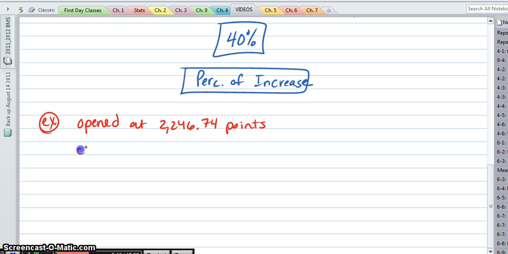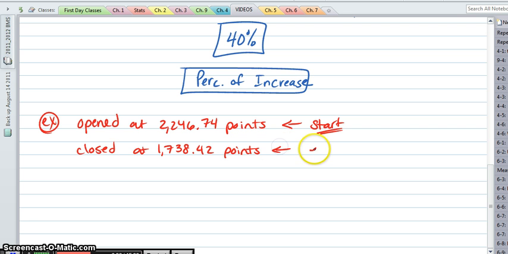And it closed at 1,738.42 points. There's always a start of day and an end of day, and all of the trading happens in between. So when it says it opened, that is the initial amount of points that we started with, and the close, that's what we ended the day with.